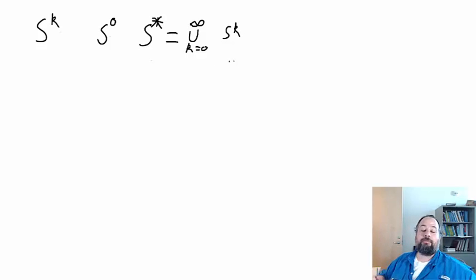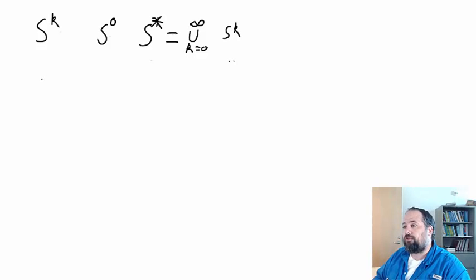So S star is basically every possible string that you can make within the set of S. And it's an infinite set. Everybody with me? I don't know why I'm asking if you're with me. You can't answer. I'm assuming you're with me. If not, pause this, rewind it, and go over it again.